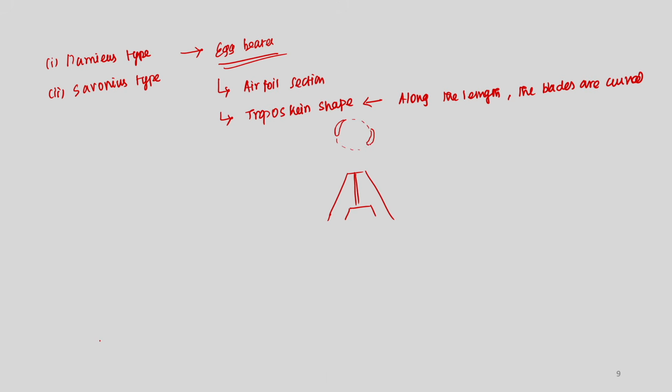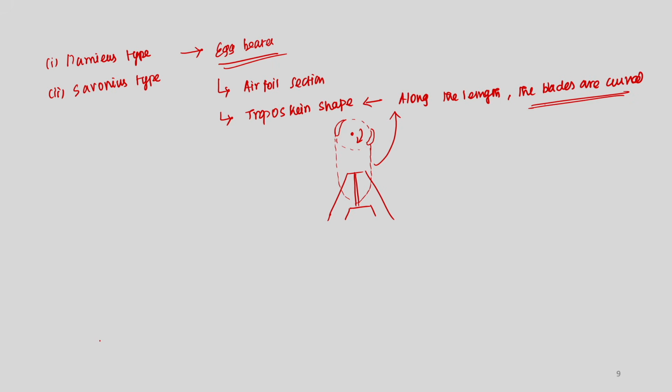So, this blade is when it comes, it is curved. Okay. So, this also curved this way. So, this is something called rotation. So, it rotates about. So, this particular shape is called Troposkian shape because the blades are curved along the length.